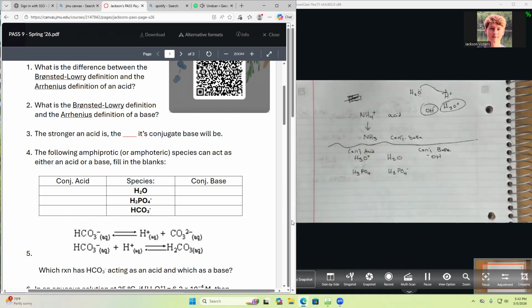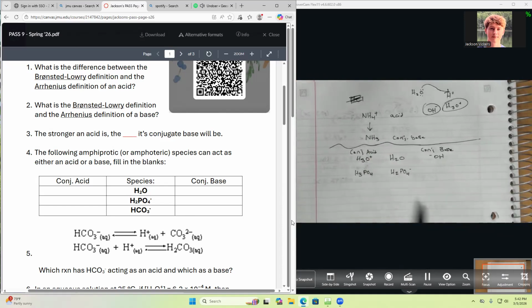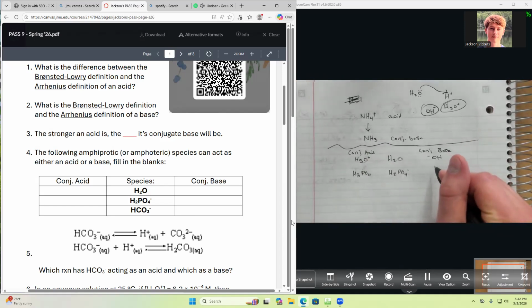And also, again, since protons carry a plus charge, if it was initially H2PO4 minus, as we add one proton, we're adding a plus to cancel that out. So this is now a neutral compound. Then over here, if it was acting as an acid and we formed its conjugate base, we're going to dump off one more proton. So it's going to become HPO4 2 minus.